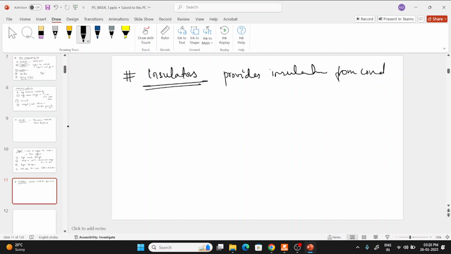These insulators must be non-porous and free from any impurities.